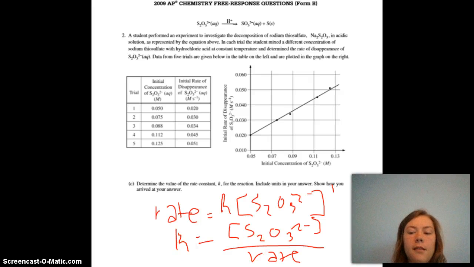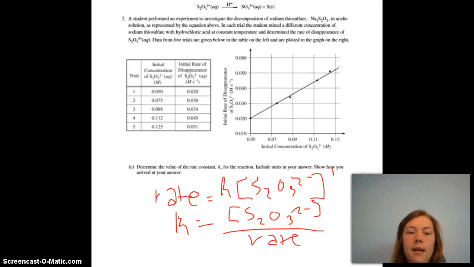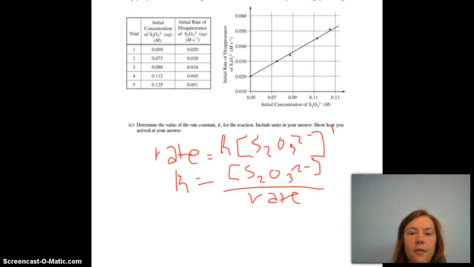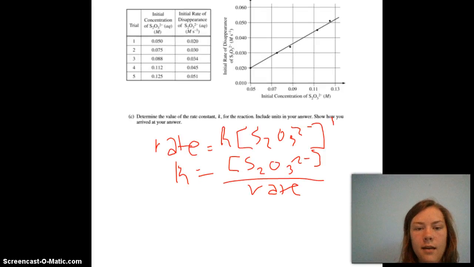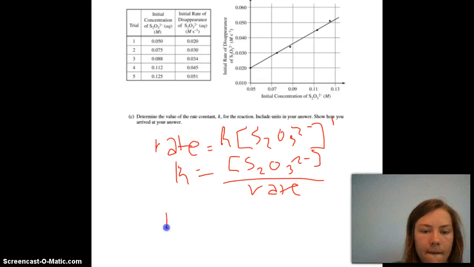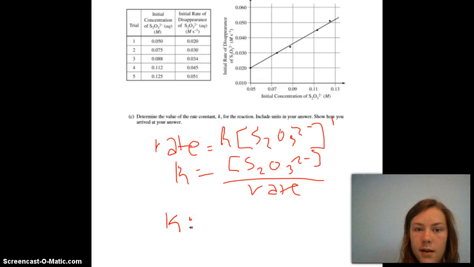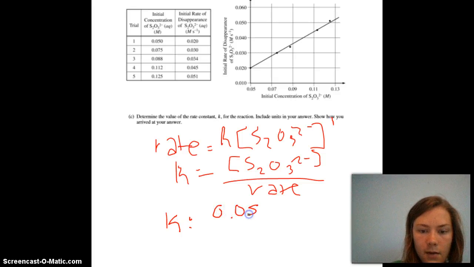Okay, so I'm just going to plug in the information from trial 1, because the rate constant is a constant and will be the same throughout the whole reaction. So we're going to have K equals the rate over the initial concentration, so 0.050 all over 0.020.